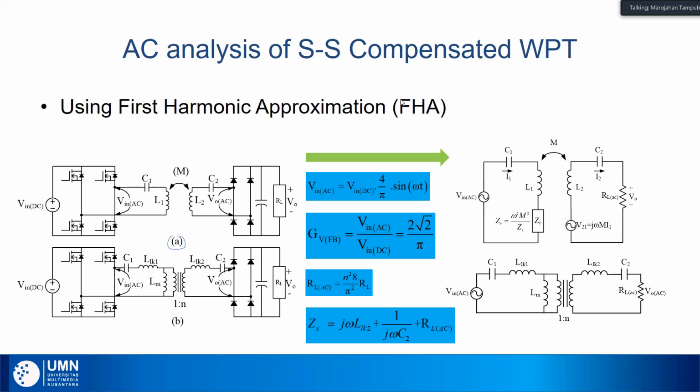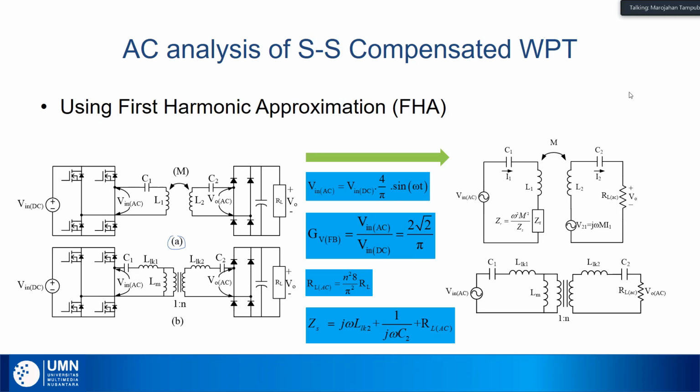So in these approximations, we have some parameters here, and then we have the conversions of all parameters from DC to AC, and also the total voltage gain of the system from the input to the output side.